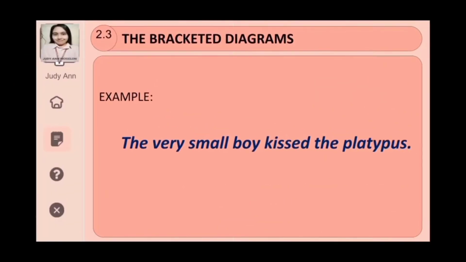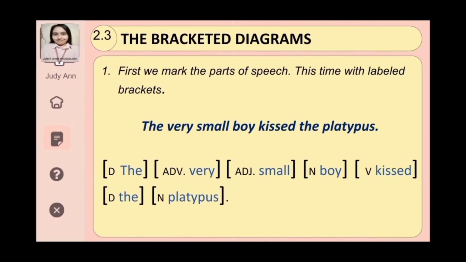To see how a bracketed diagram works, let's have an example. Let's take our sentence in tree drawing as an example. Our sentence is, the very small boy kissed the platypus. And now let's start the bracket notation. The first step is to mark the part of speech with labeled brackets.